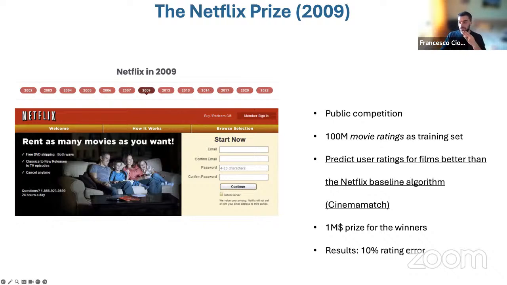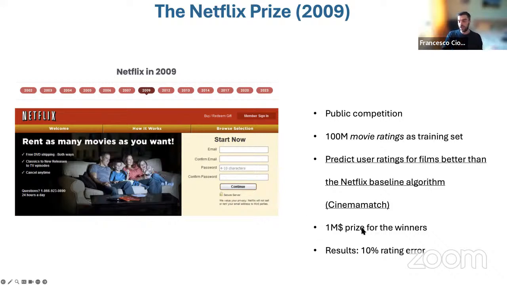So they decided to make a public competition called the Netflix Prize. They released 100 million movie ratings, so they publicly released a training set. And they essentially asked the scientific community, but also industry. They only had some requirements: you should not be working at Netflix or be connected to Netflix somehow, but otherwise you could participate.